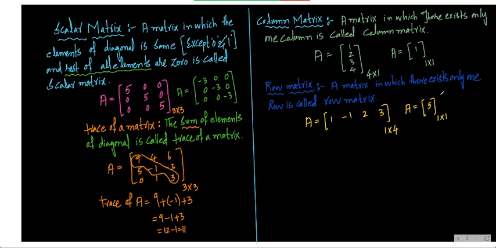And this is also an example of a singleton matrix. A matrix in which only one element is called a singleton matrix. I don't want to mention the zero or null matrix example here.